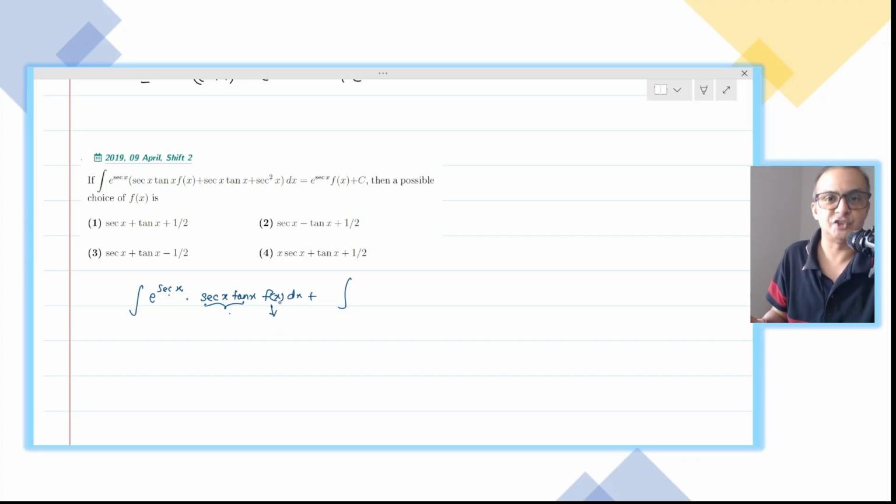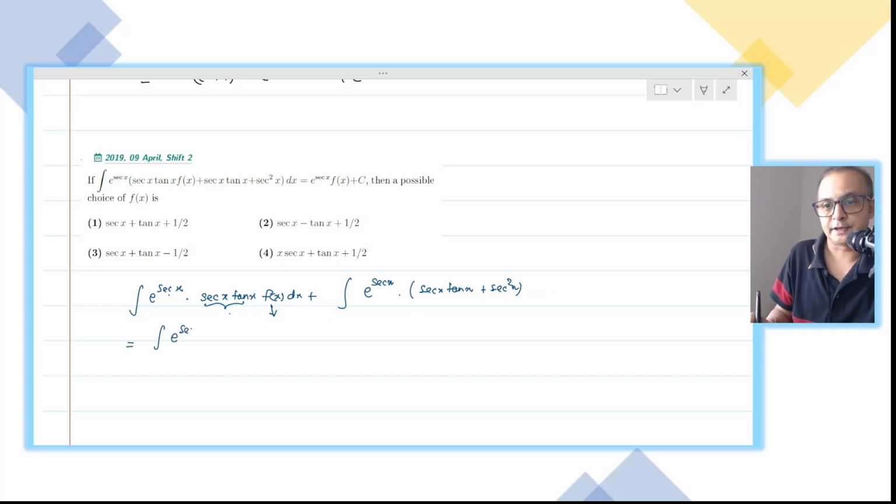intended to assume this as g(x). So I have here what? Left is e to the power sec x into sec x tan x plus sec square x, and I have e to the power sec x tan x f(x) dx plus e to the power sec x, and from these two terms I can take sec x common.